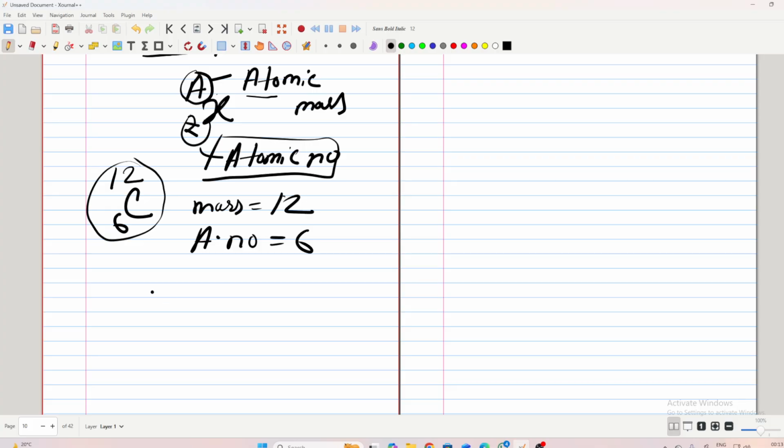If we take oxygen, what is the mass of the oxygen? The mass is 16, and the atomic number is 8. So how do we read that?